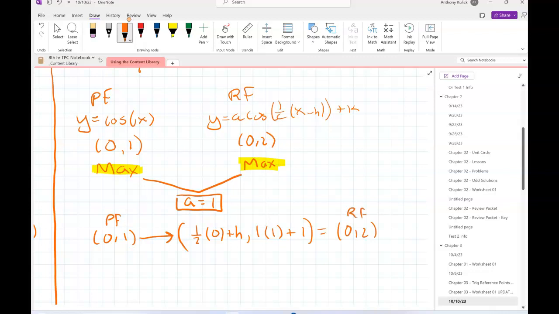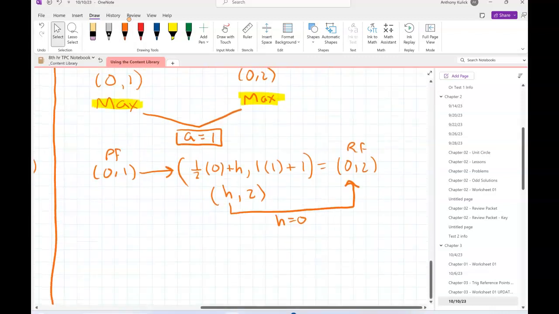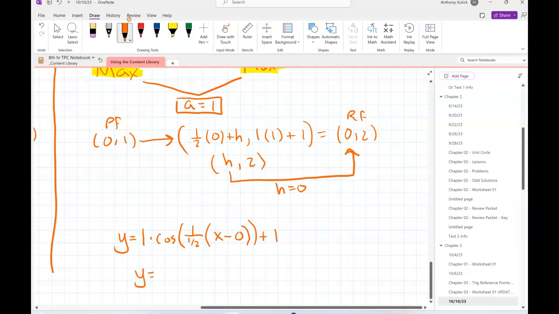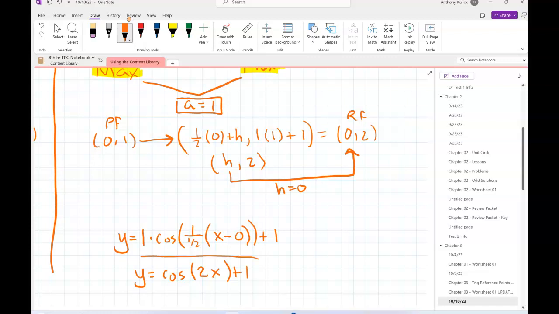Well, 1/2 times 0 plus h is h. 1 times 1 plus 1 is 2. So what's that telling me my h should be? 0. So here we have y equals a times cosine of 1 over c times x minus h, plus k. Or if I simplify this down, I just have y equals cosine 2x plus 1.